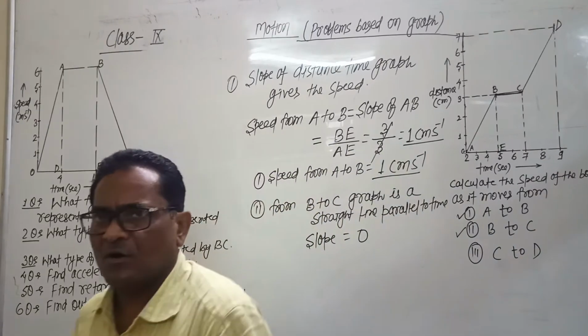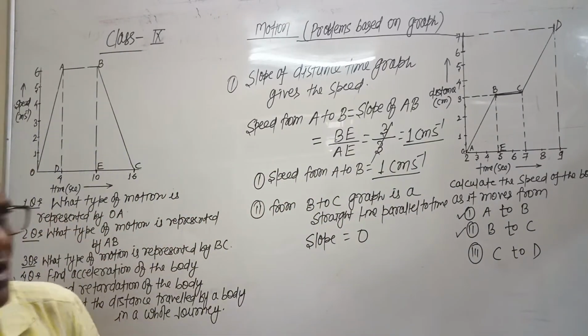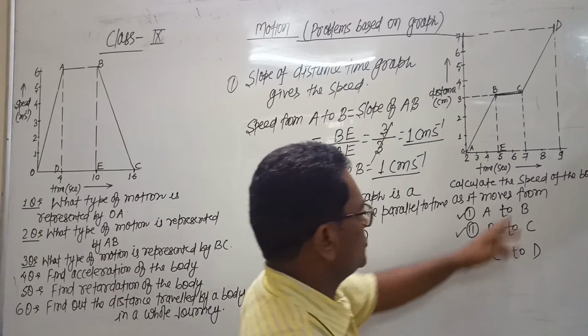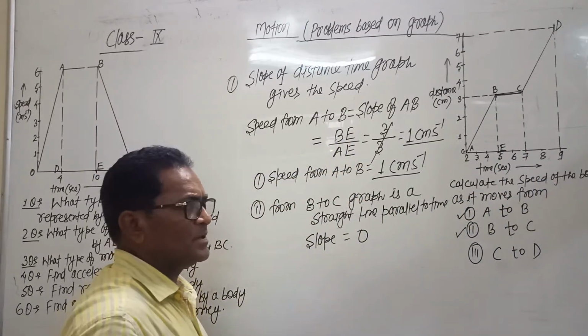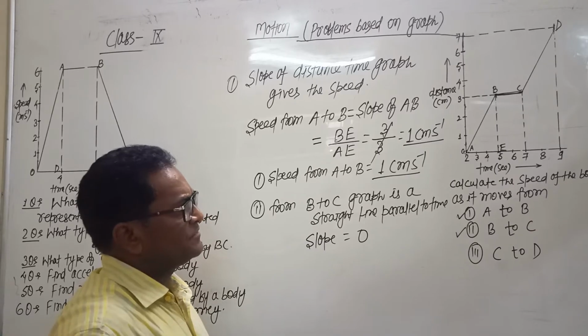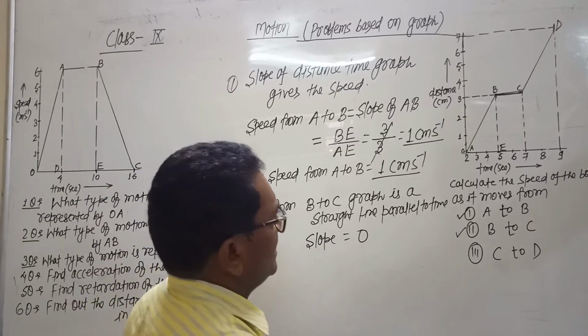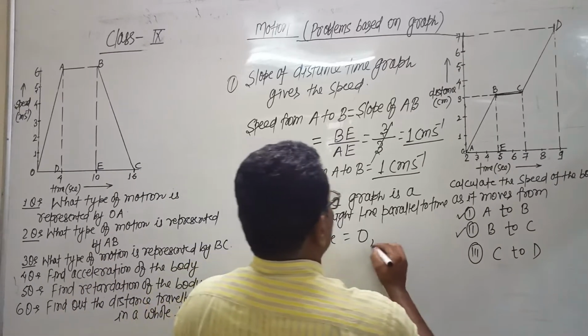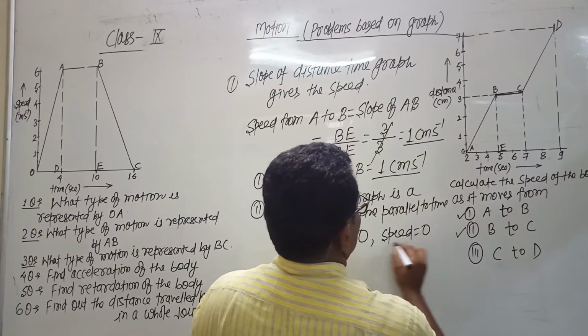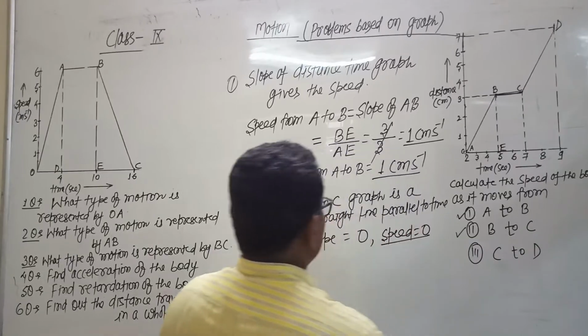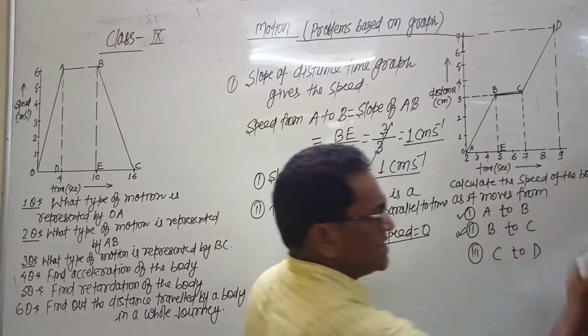And if the slope is 0, it means the speed in this region is 0. So from B to C, the speed is 0.